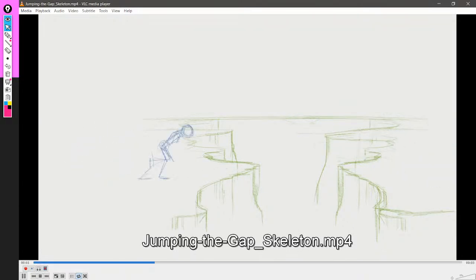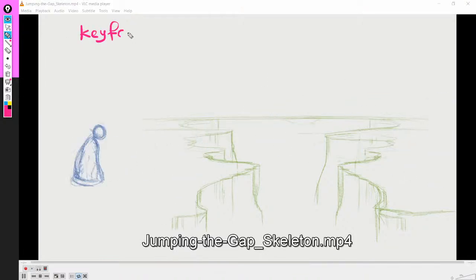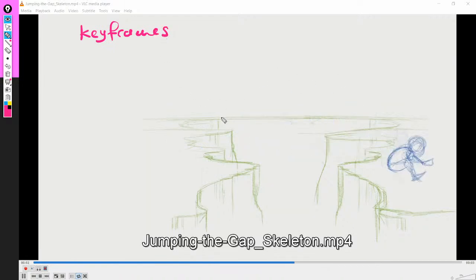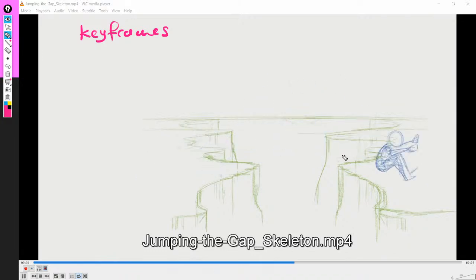So the takeaway from this is keyframes. Keyframes are absolutely essential, right? You need to have them. You need to recognize them. You don't need to do a specific keyframe thing. I mapped out my own animation pretty much straight ahead, and for what it's worth, that gave me problems in the landing.